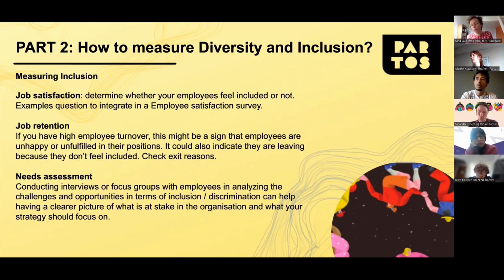Your organization probably conducts this kind of measurement, an employee satisfaction survey sent maybe every one to two years. You can integrate a question linked to the feeling of inclusion. You can ask your employees, during this annual or biannual survey, questions about the level of engagement, the level of well-being, the level of safety, and the level of growth.